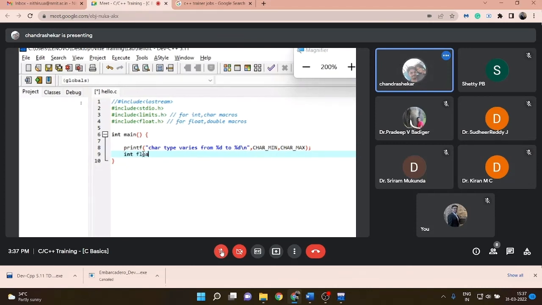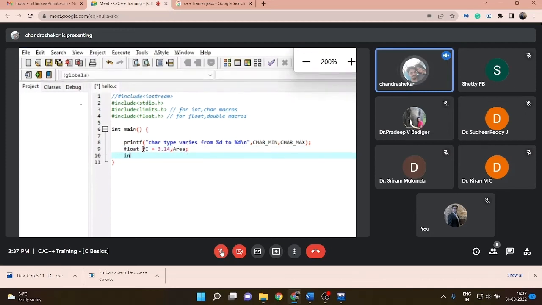For example, the area of a circle will be a decimal number. Float pi is equal to 3.14, and declare the area. Let's say float radius, maybe 2.5 or 3.5. That is also a float.